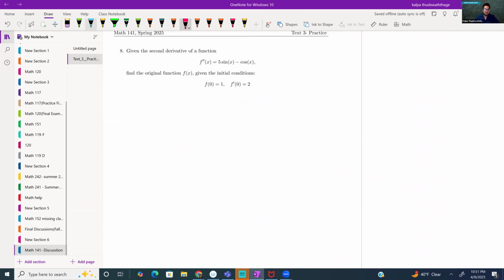In this case, this is actually an easier question than the problems we discussed so far. If you want the first derivative, you just need to integrate the second derivative. That's all you want. So if you integrate this function, which is your second derivative, the 5 you can take out. Minus I can take out. Integration of cosine is sine.